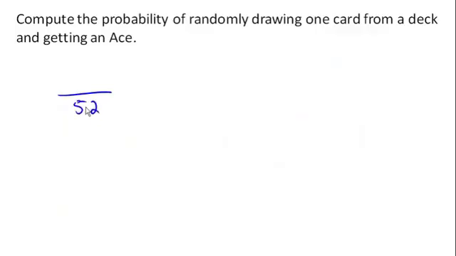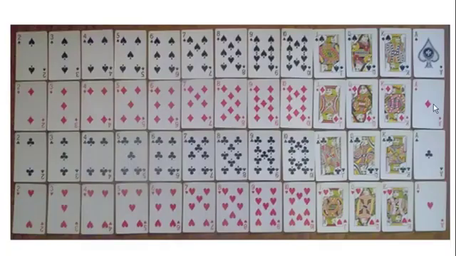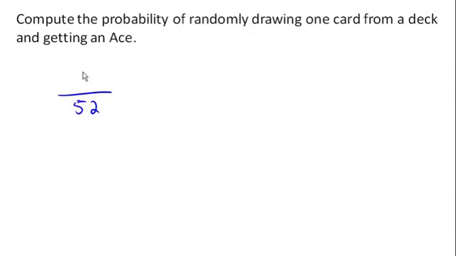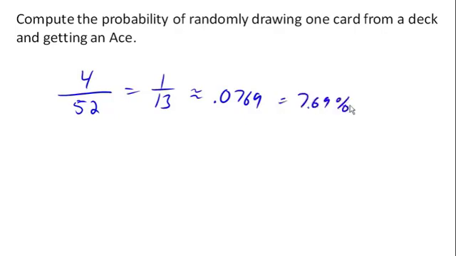Out of those, how many of them are aces? 1, 2, 3, 4. And so there is a 4 out of 52, or 1/13th, or if you wanted it in decimals, you could say 0.0769, or about 7.69% probability or chance of randomly drawing a card from the deck and getting an ace.